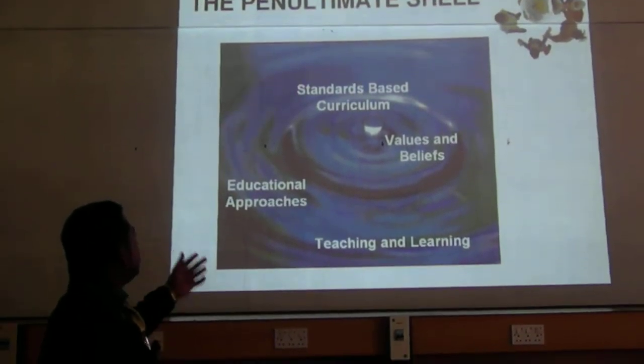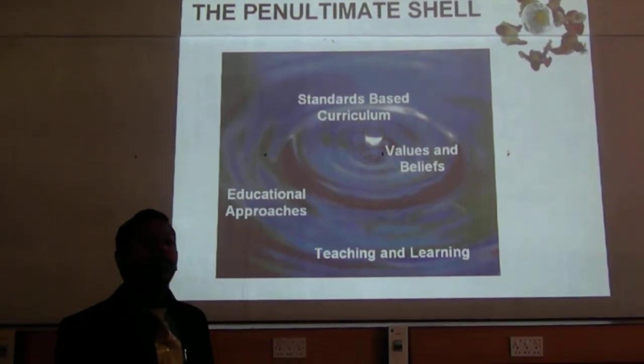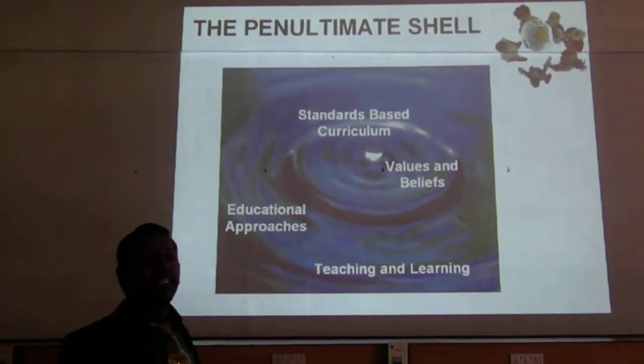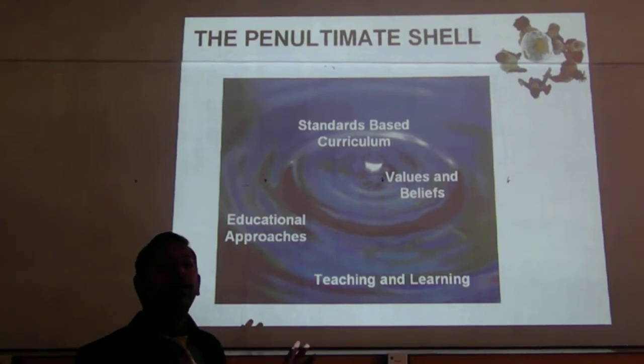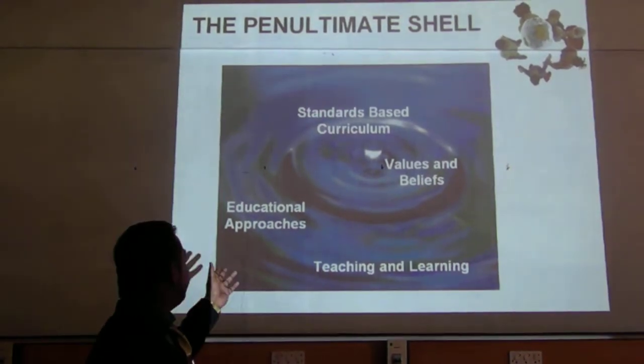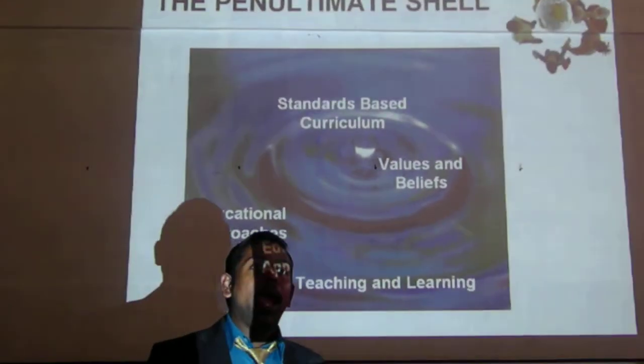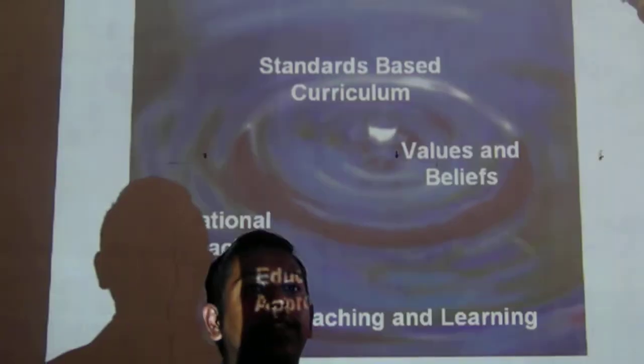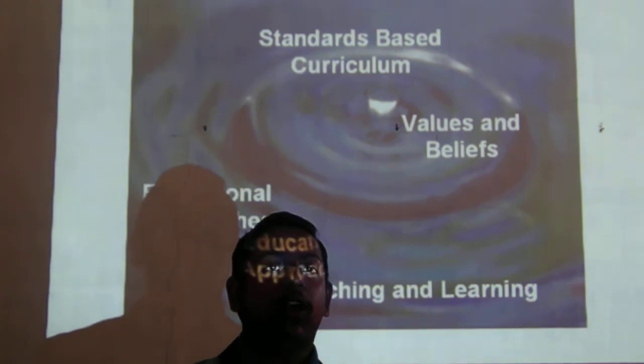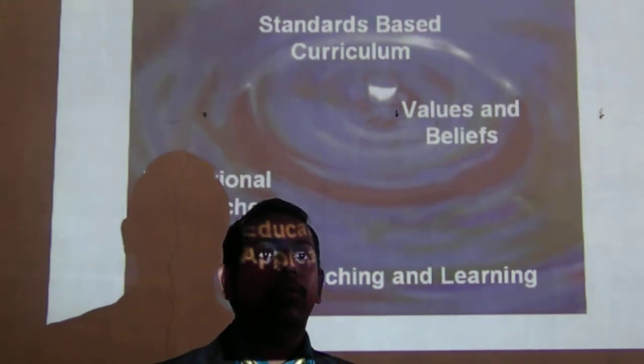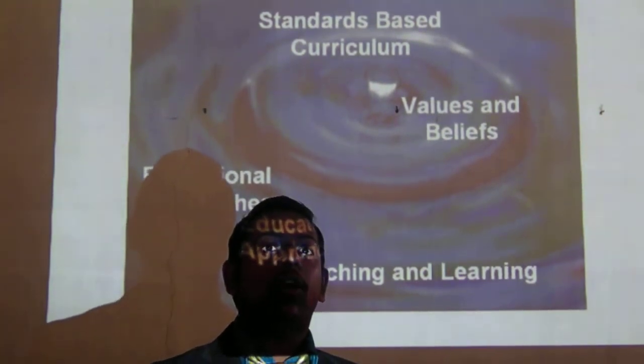The third part is the educational approach, and finally the teaching learning process. Here we will discuss what is meant by the educational approach and the strategy we should follow so that the future of education can be transformed by the educationalists or the teachers.